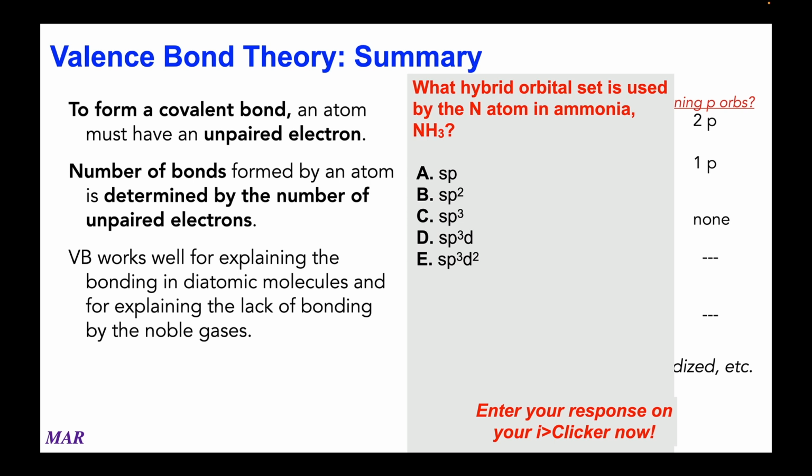The molecular geometry is trigonal pyramid, and the angles will be about 109 degrees. However, what's important is the electron pair geometry, because tetrahedral always means sp3. So the nitrogen in ammonia will be sp3 hybridized. The outer hydrogens just use their atomic orbitals, but that nitrogen is sp3.